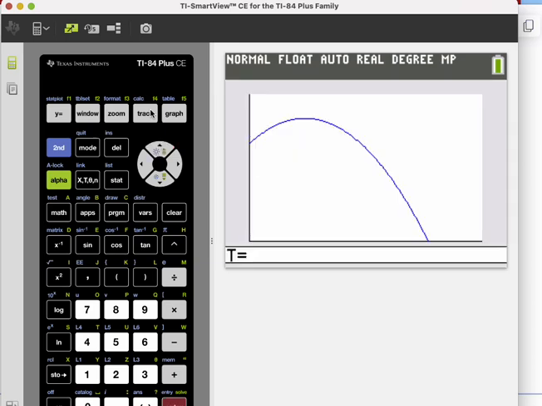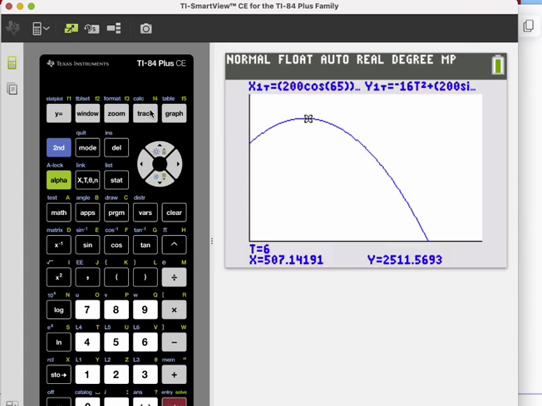And so you can only plug in values like, I want to know where the cannonball is at 6 seconds. You can type in 6 and it will tell you. If you wanted to know the max and the min, you'd have to convert this to rectangular, so you'd have to convert it to not being parametric, which we'll learn how to do. And then you could use the max min functions of the calculator to do that.